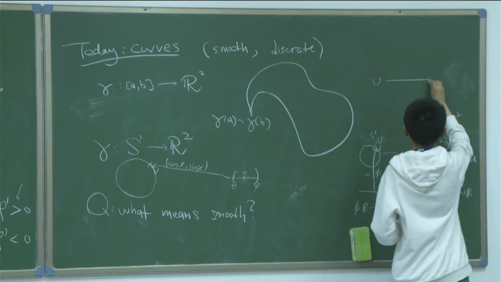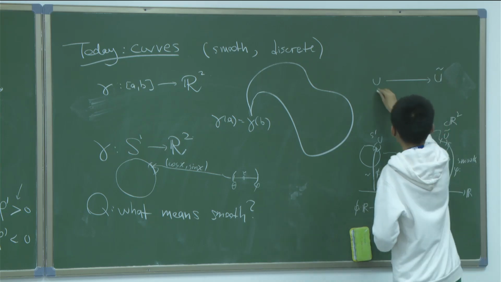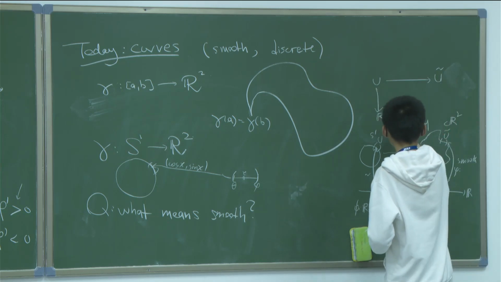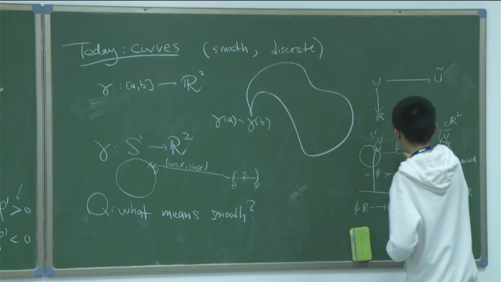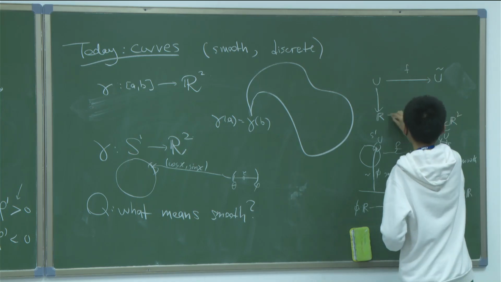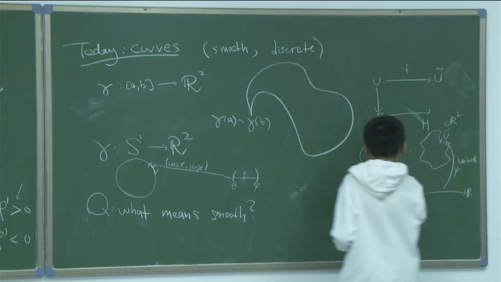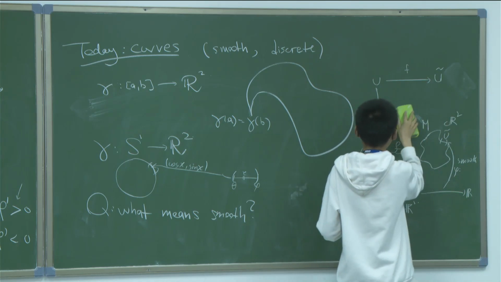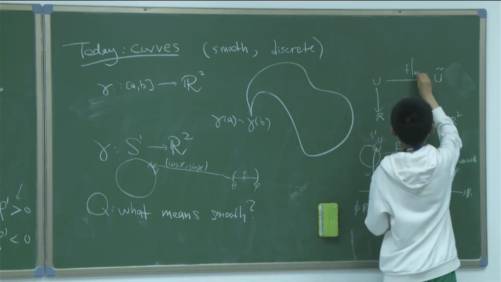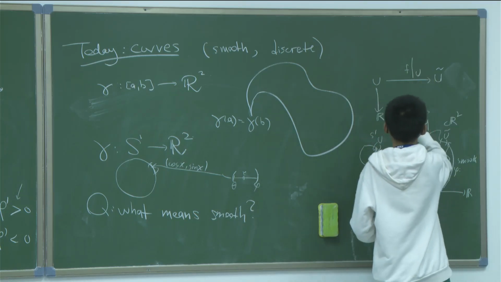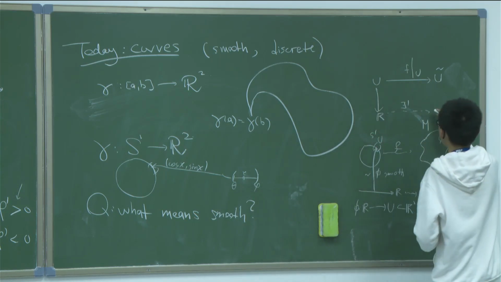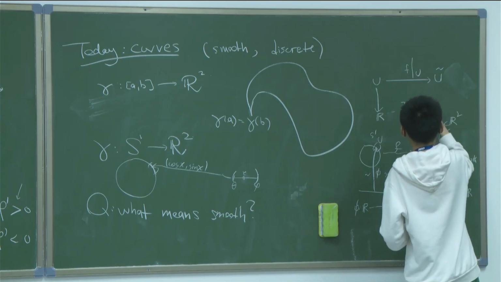There's a U theta R. So this is F. We say F is smooth. Because they are one-to-one mappings, so there is this one F theta.